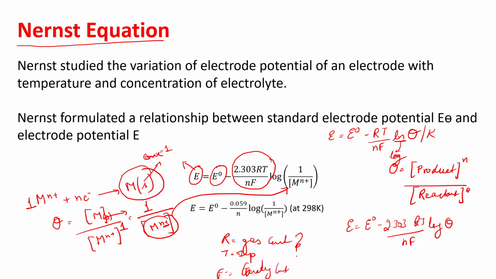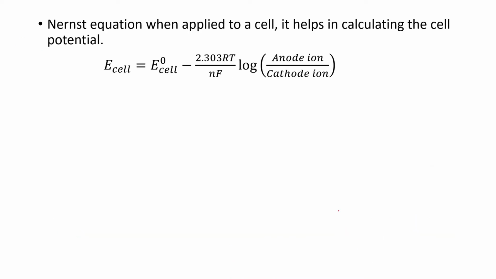If we put all the values at 298 Kelvin, room temperature, the value will come out to be 0.0591. That's why it has been simplified by writing 0.0591 at 298 Kelvin. Okay. So the Nernst equation, when applied to a cell, helps in calculating the cell potential.